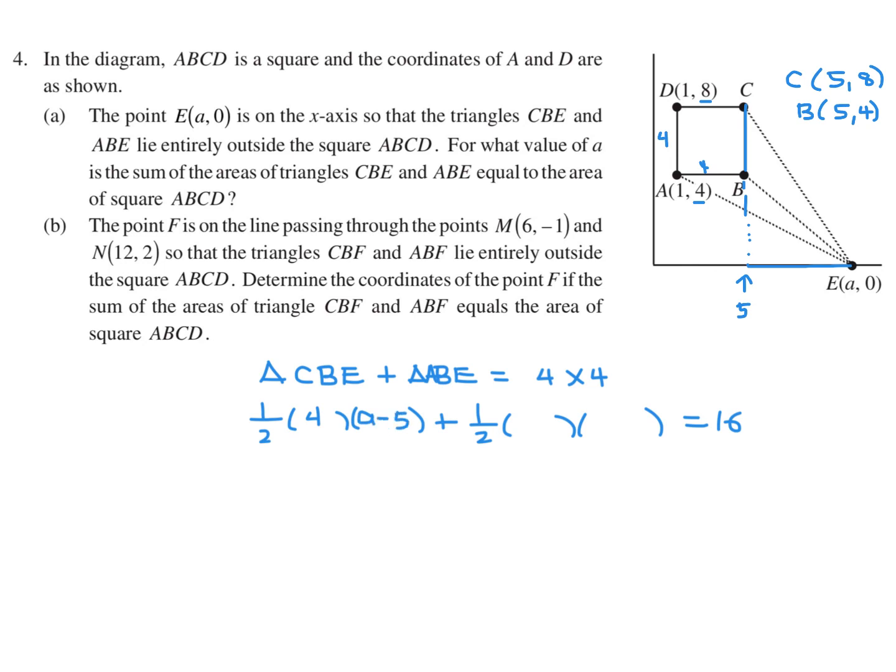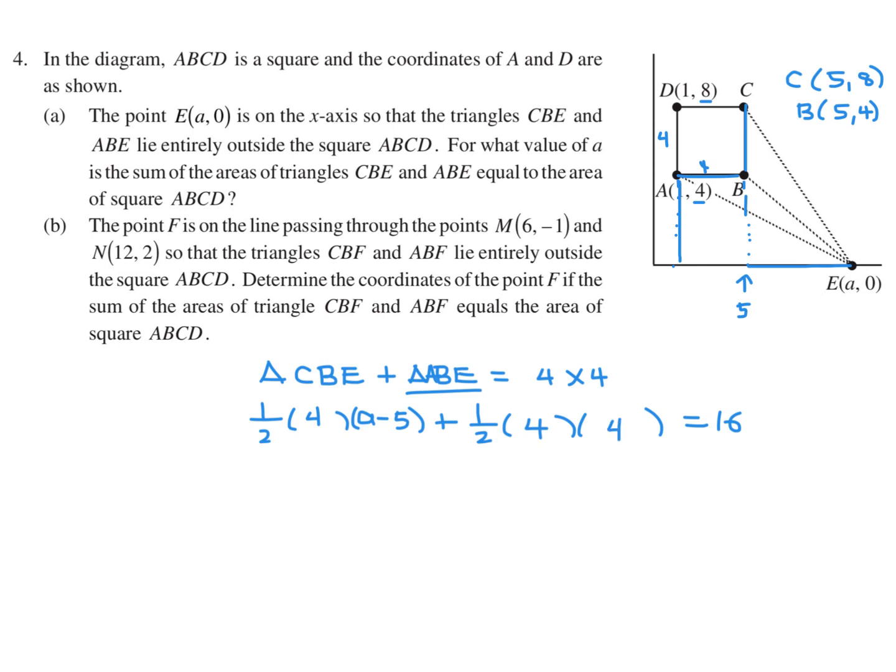Okay, now the next triangle, ABE, again, we'll draw a little dashed line here. So the base is there, which is 4, and the height is from here to here, which is the y-coordinate 4 down to the x-axis, so 4.